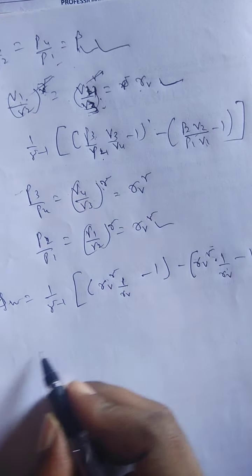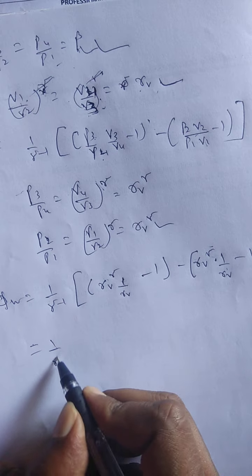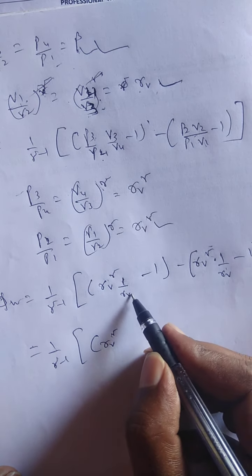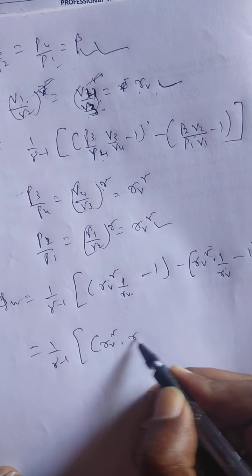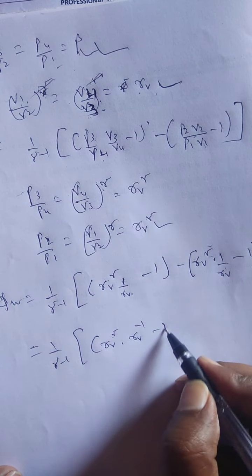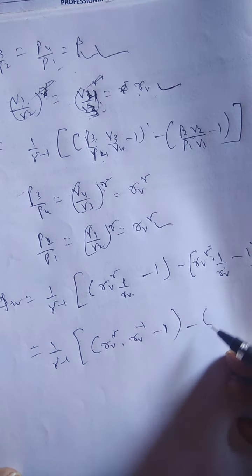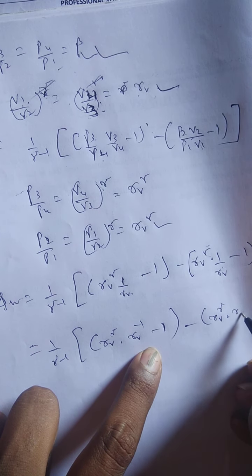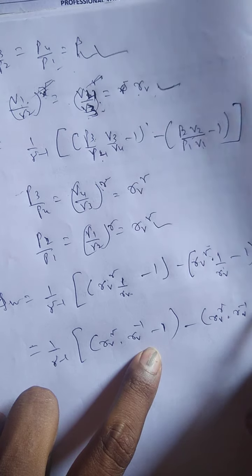If I take RV to the power gamma on the numerator, RV to the power minus 1, and this power term will be minus 1. Similarly here also, gamma RV to the power minus 1. This is the bracket close.